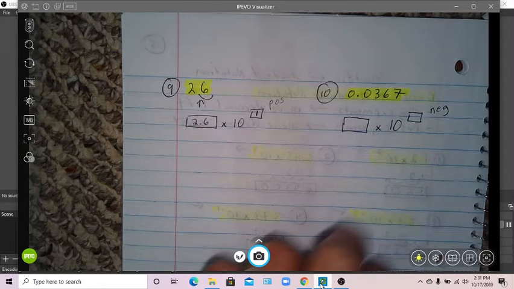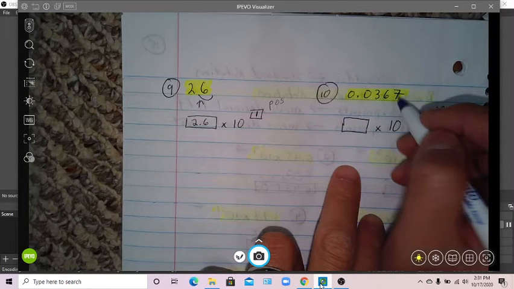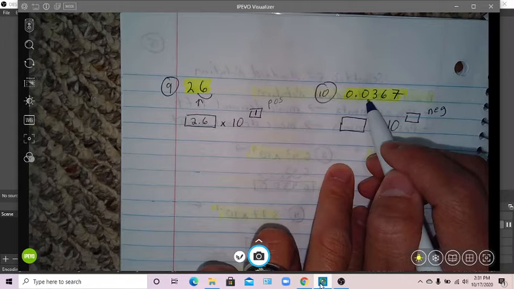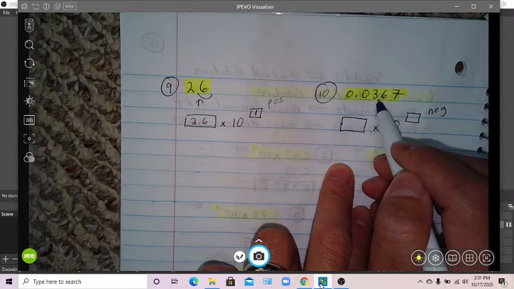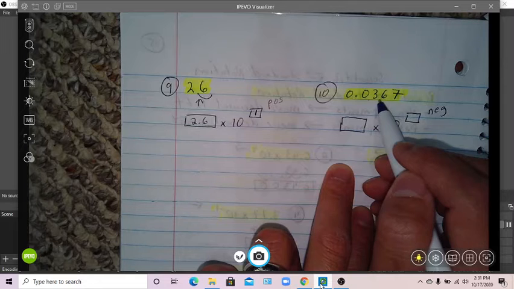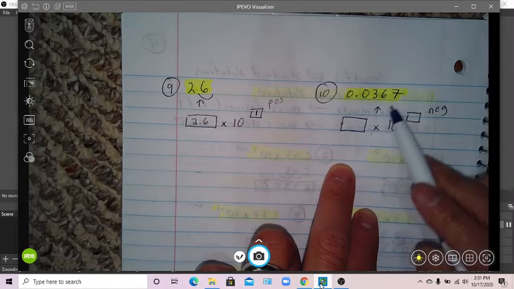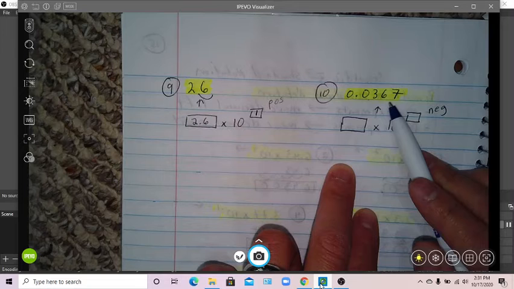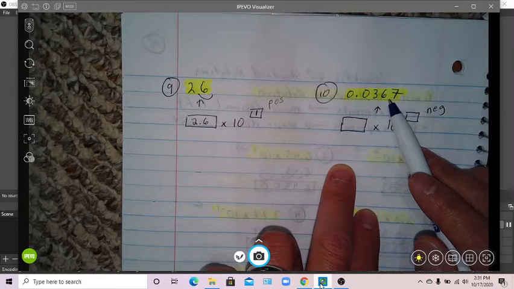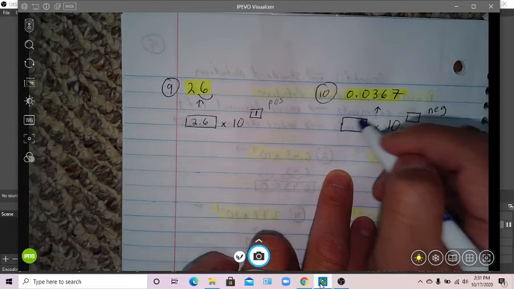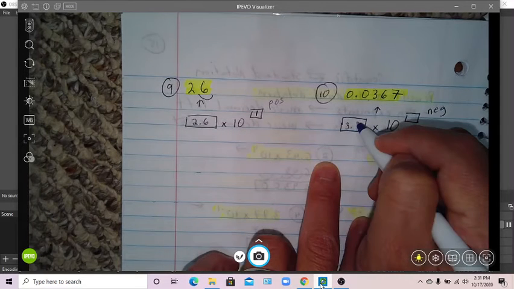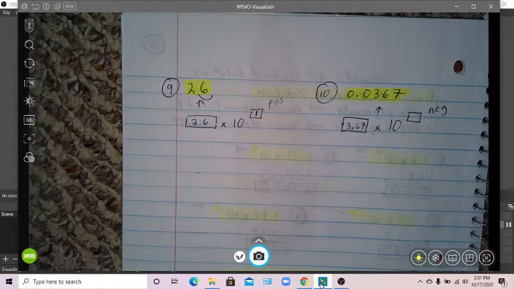Where are we going to put the decimal? If we have it here, 0.3, that's smaller than 1. 3.67 is between 1 and 10, right? If we have it between the 6 and the 7, that would be 36.7, which is bigger than 10. We don't want that. So we want 3.67. Now let's see how many times we had to move the decimal.